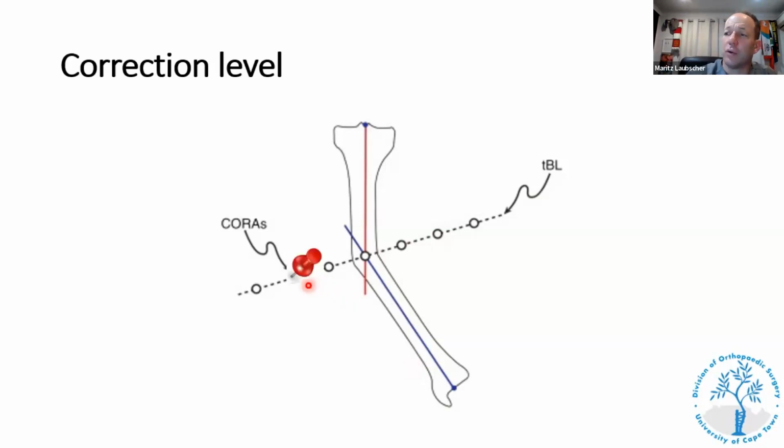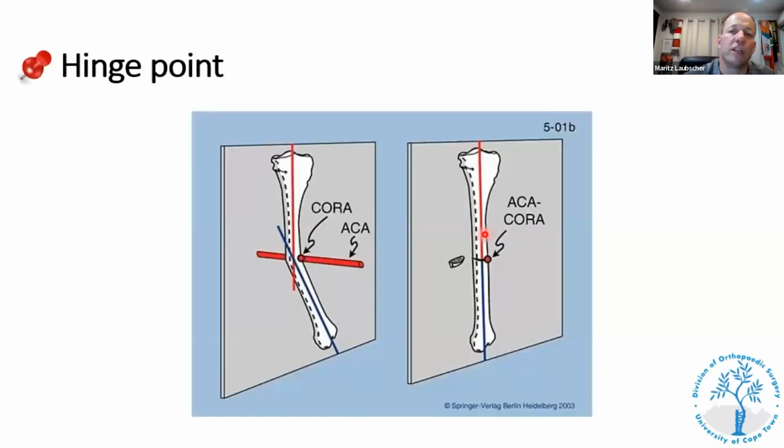So if you place your hinge here, you do an osteotomy there, and you center your correction around this hinge point, you will correct the deformity with some lengthening. If you do it on the other side of the deformity, it will be with some shortening. The hinge point is the point where you center your correction around.